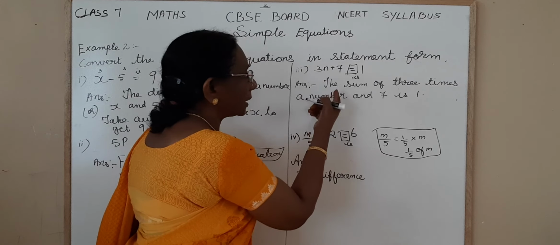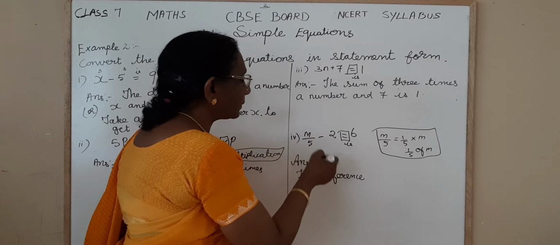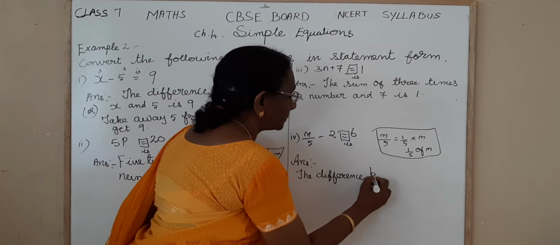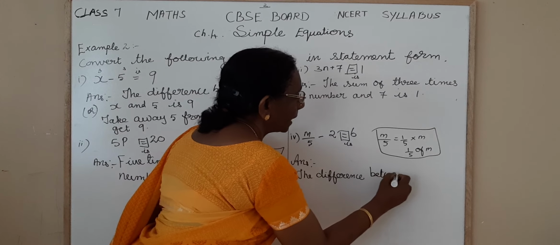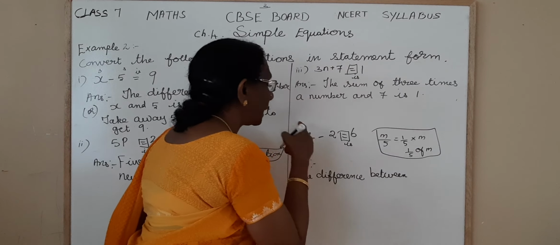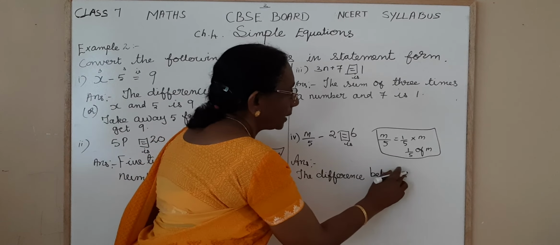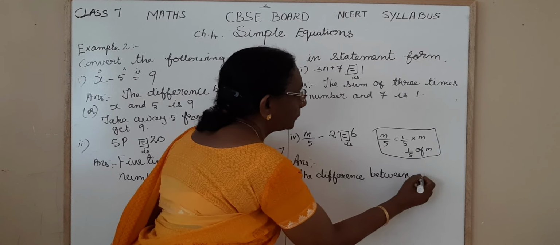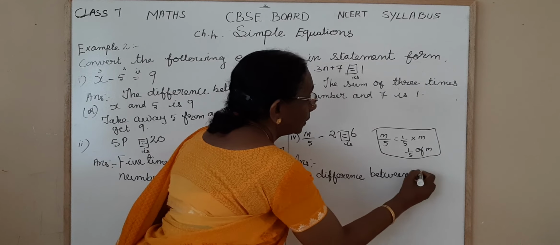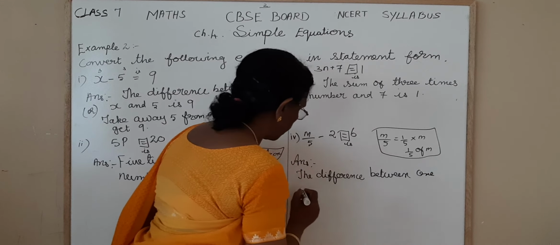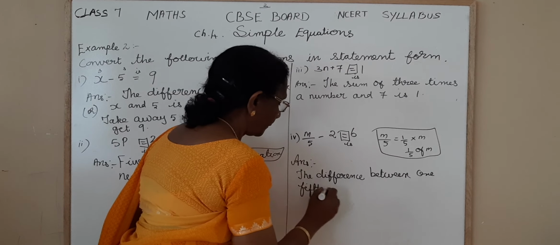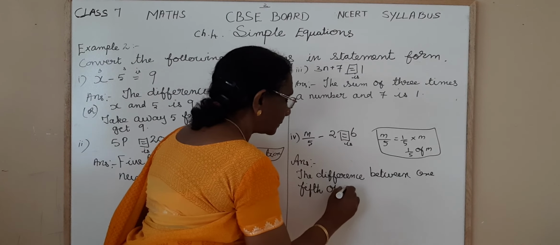For addition, you start with the words the sum. The same way for subtraction, you start with the words the difference between a big number. What is the big number? M by 5. M by 5 you can write as 1/5 of m.